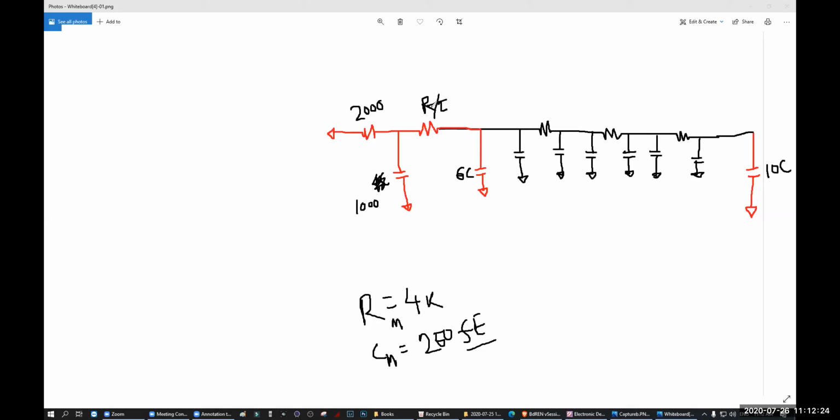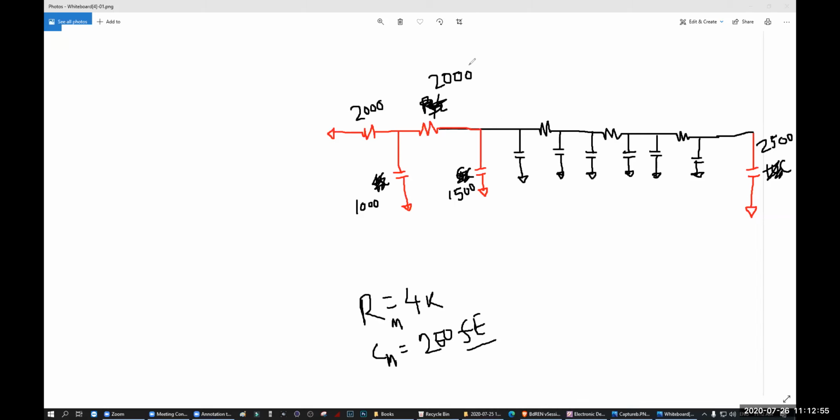R by 2 again will be 2000, right? 6C means 250 into 6, 1500. Do not touch this. 10C means 250 into 10, 2500. Understood?